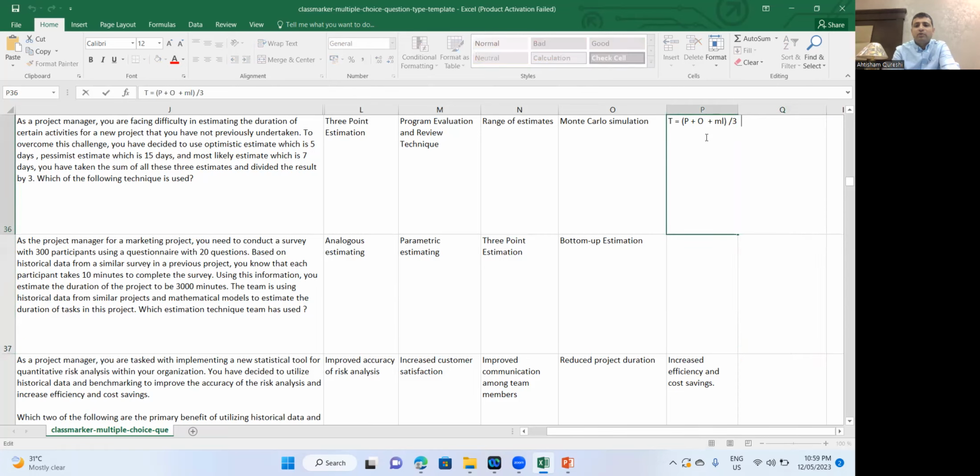But there are 2 names for this. The first one is also called a 3-point estimate, or it is also called triangular distribution.